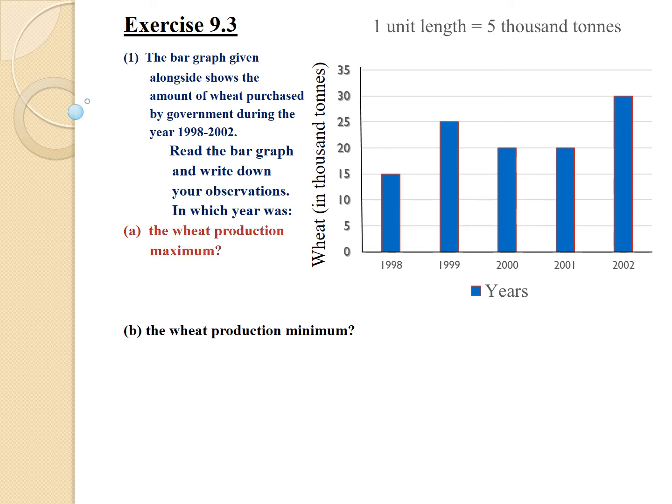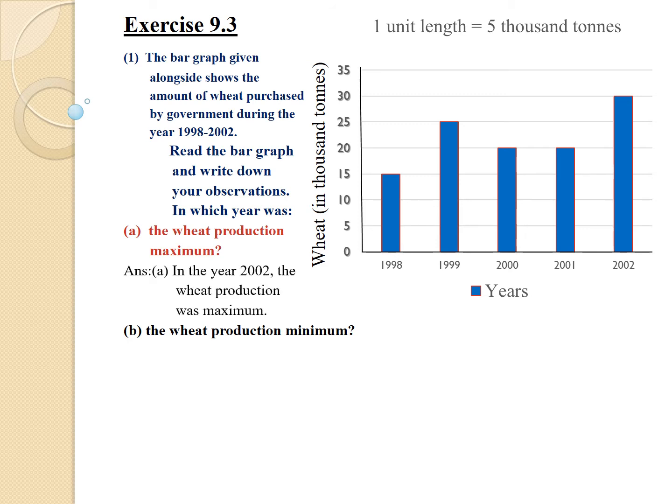Students, in order to answer the given questions, you have to observe the bar graph. Students, look at the bar graph. The bar of 2002 is the tallest. So, in the year 2002, the wheat production was maximum.